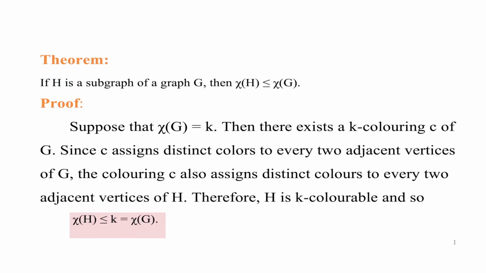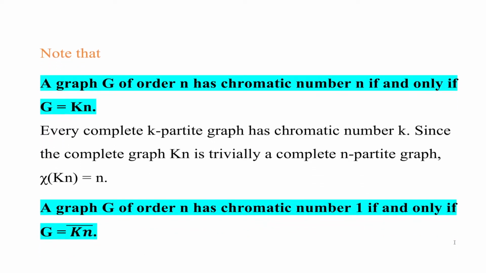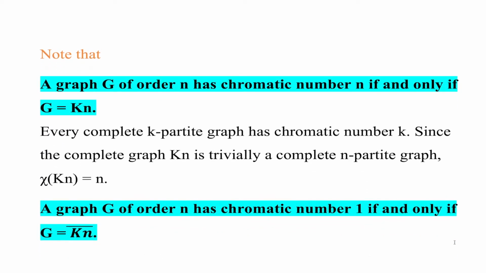Note that a graph G of order n has chromatic number n if and only if G is equal to Kn, that is the complete graph with n vertices. Every complete K-partite graph has chromatic number K. Since the complete graph Kn is trivially a complete n-partite graph, sorry, it is not bipartite, it is n-partite.